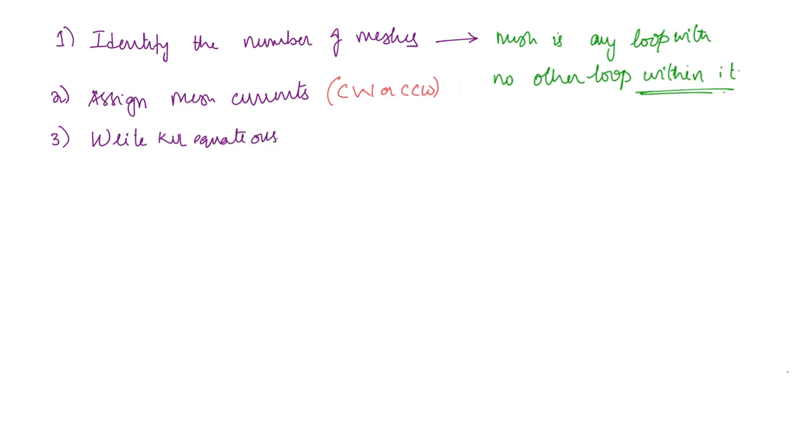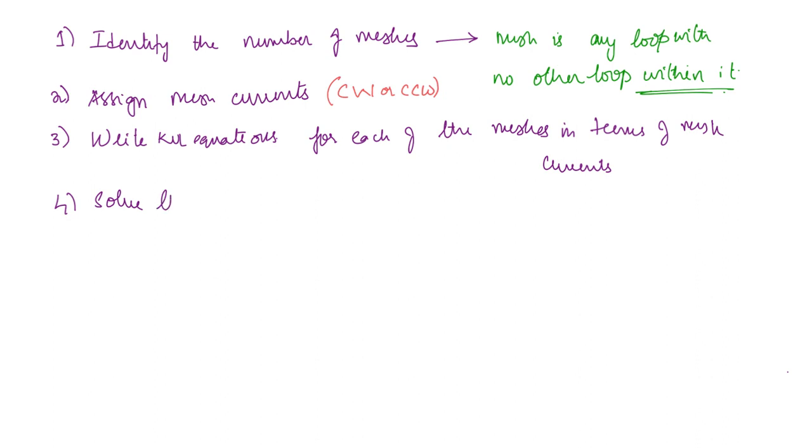So write KVL equations for each of the meshes in terms of the mesh currents. So we want the equations in terms of mesh currents. Then what is the final step? You have to solve the equations to find the mesh currents.